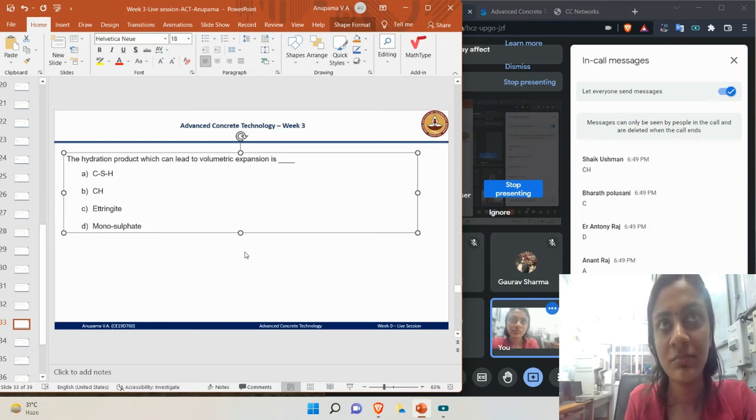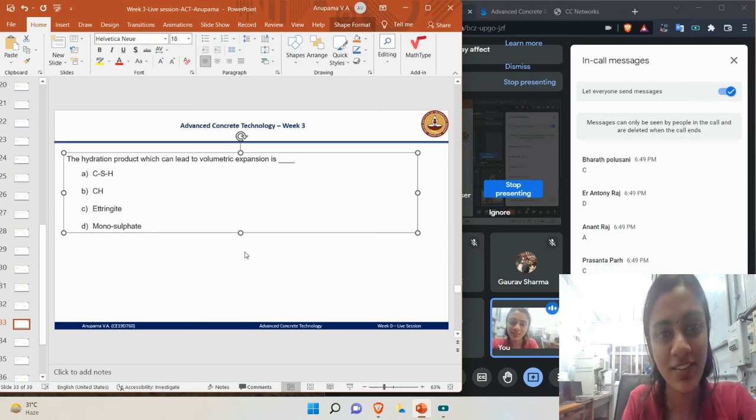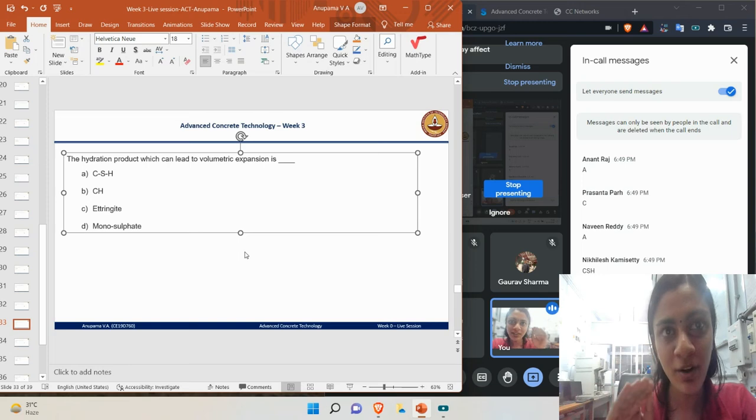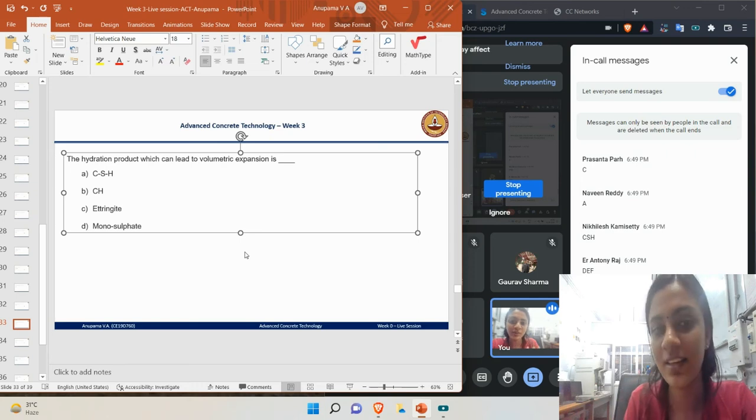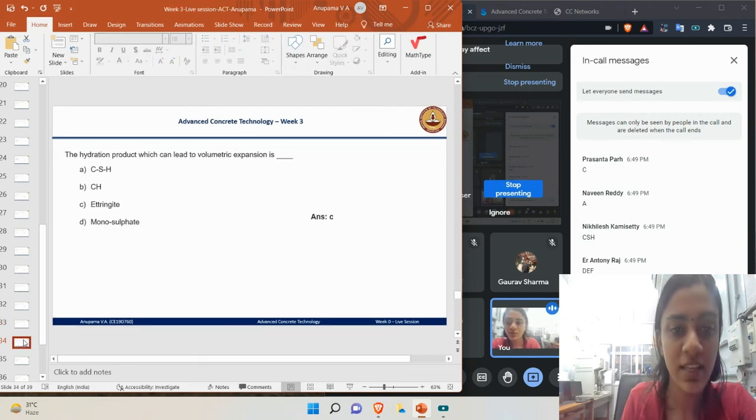Someone who has learned concrete technology before might have heard about delayed something formation. That is the answer for this question. If that particular product forms at a delayed time or at a later stage, it will cause expansion. And if the concrete has already set by that time, it will not be able to withstand that expansion. Anthony sir has commented, yes, delayed ettringite formation. So the correct answer here is ettringite, or option C.